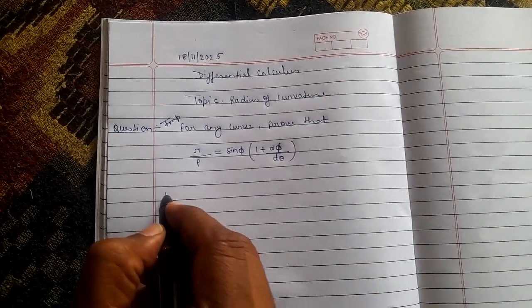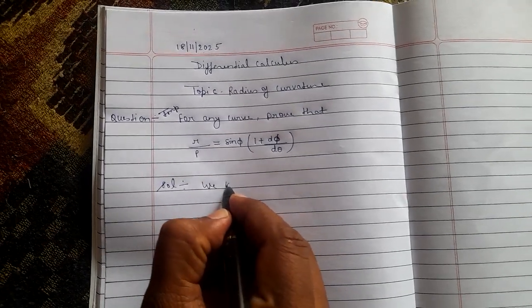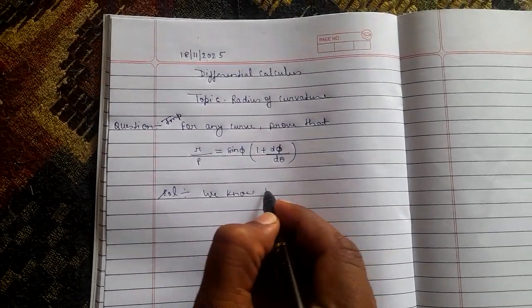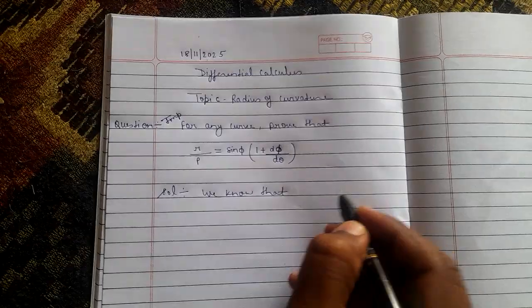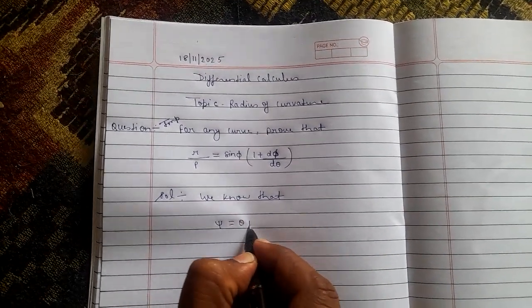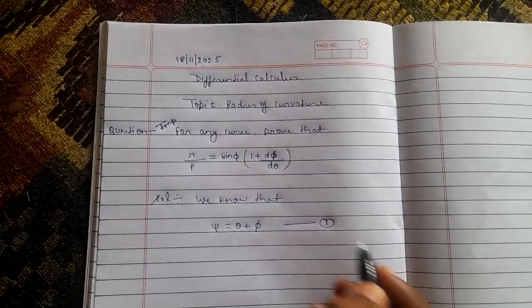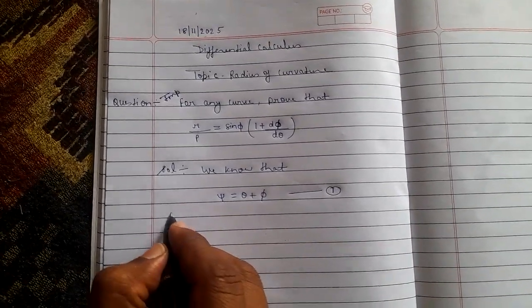Let's solve the problem. Here we know that psi is equal to theta plus phi in radius of curvature. This is equation 1.